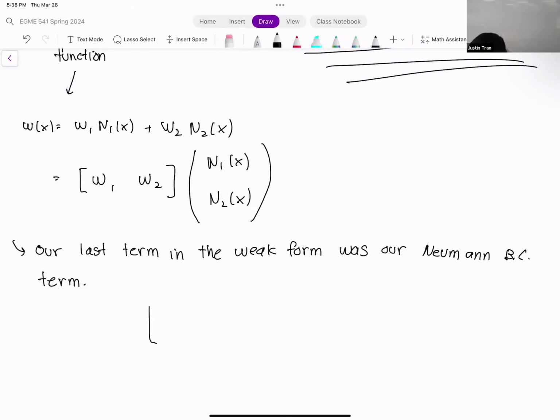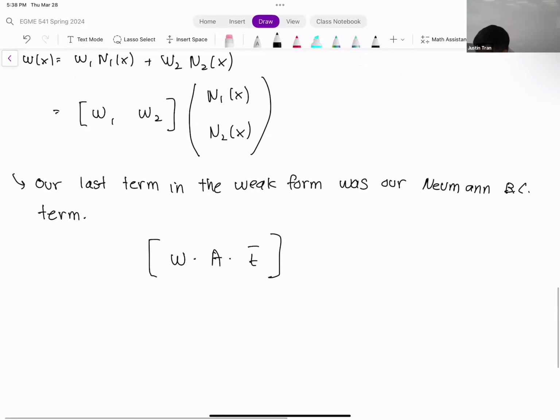And so it looked like this. We had W multiplied by A multiplied by the surface traction t bar. And this is evaluated at the Neumann boundary, so x is equal to x_t.